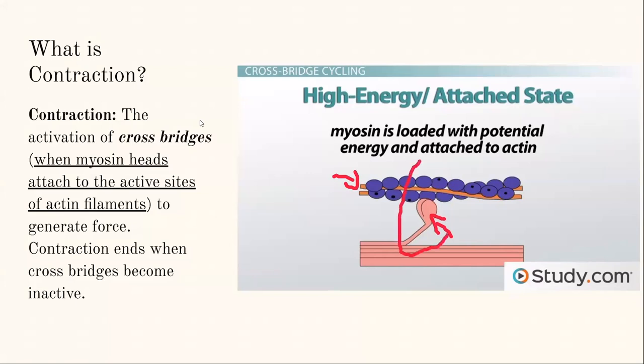So this whole formation here is called a cross bridge formation. And when they detach, that's when contraction ends. It's no longer contracting. So this picture is just a picture of contraction happening.